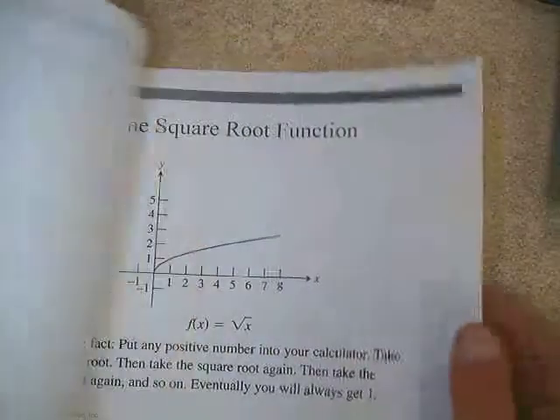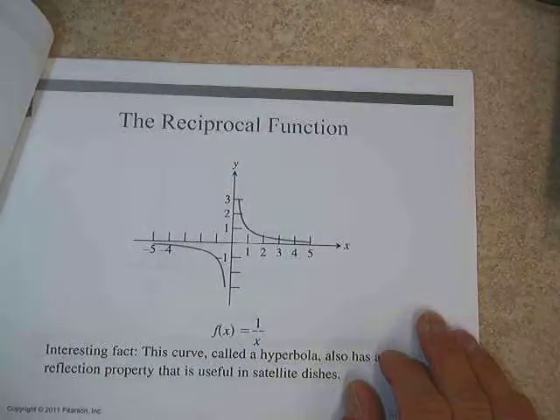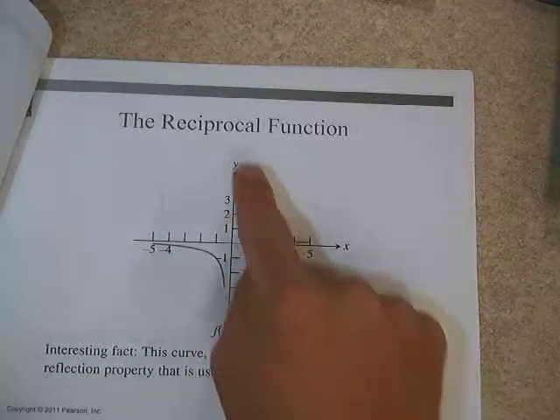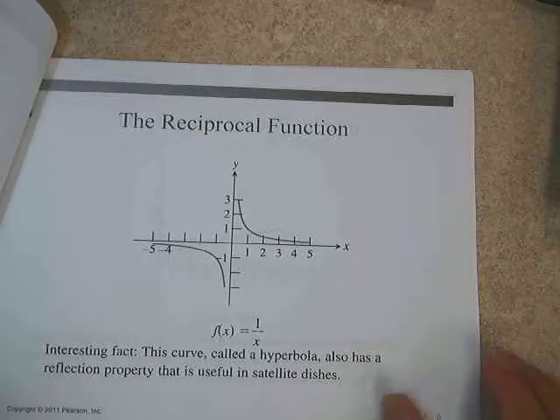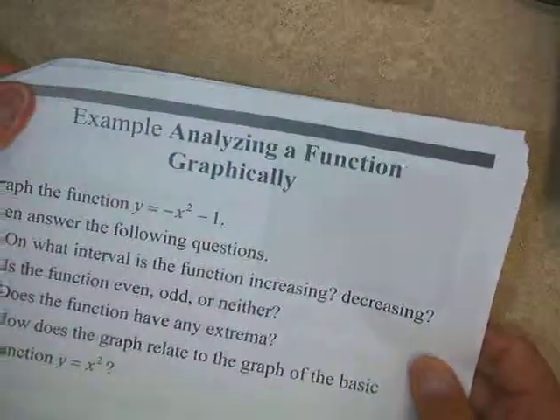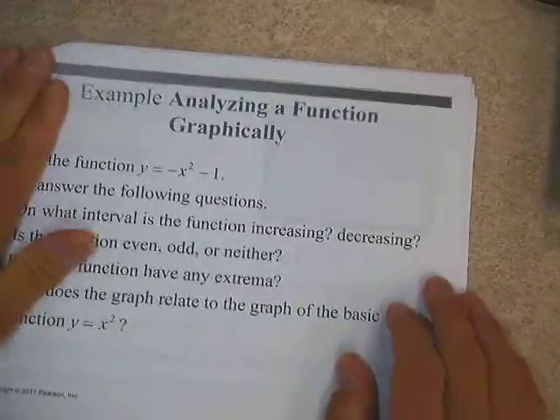This one has an issue at 0, but it doesn't have anything on the left side of the coordinate plane. True? So as we said, that would be the domain for this one. And if we look back at the one in question, it would be this one, wouldn't it? And this one goes from negative infinity to 0, and then from 0 to infinity. So that one has that particular feature.